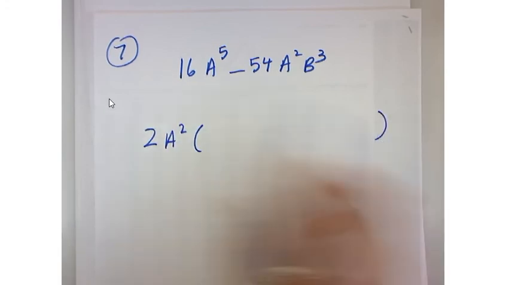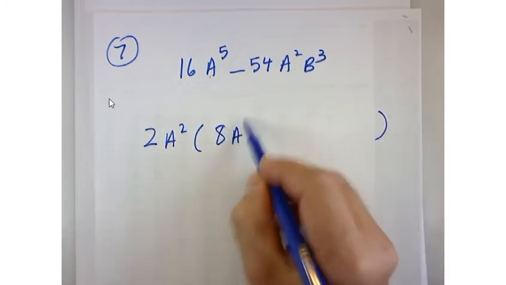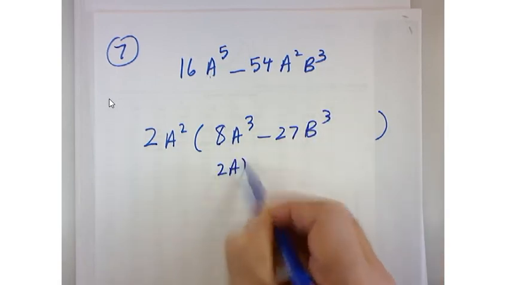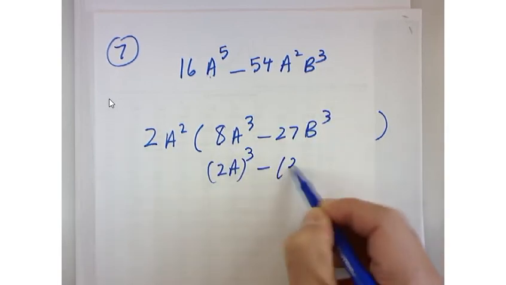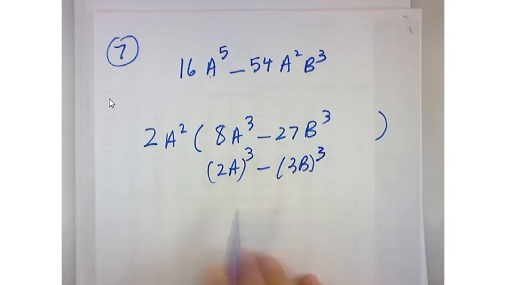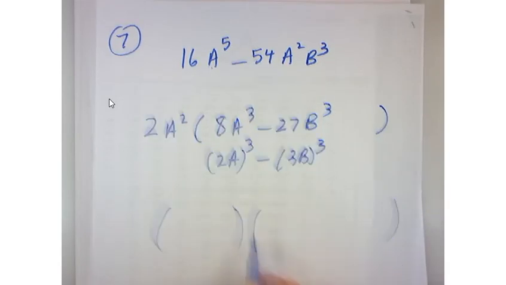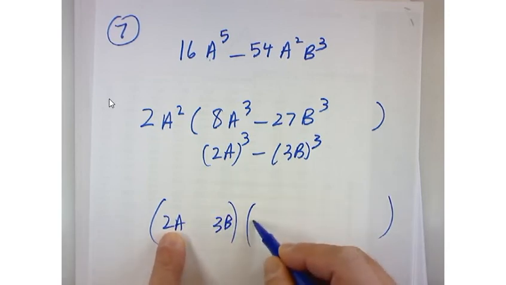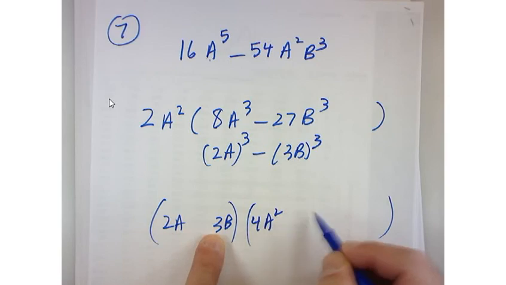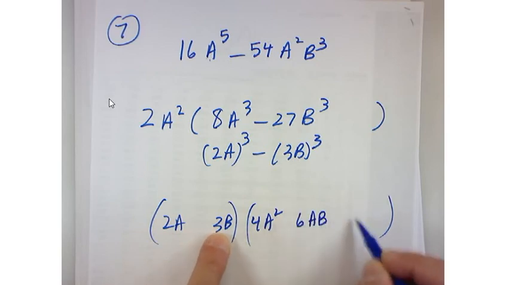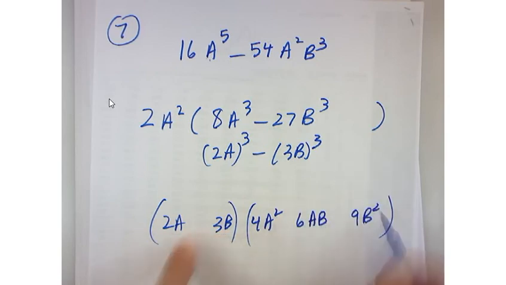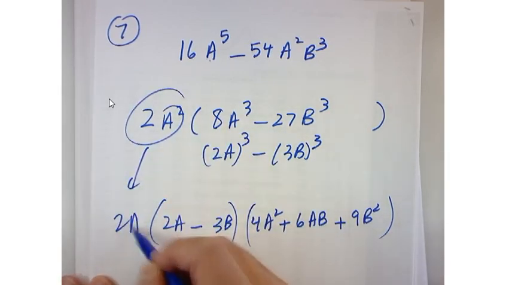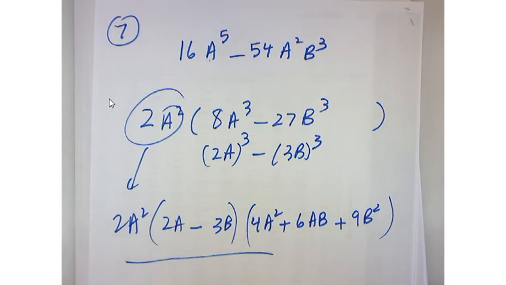And if you pull that out, it's going to be 8a cubed minus 27b cubed. 8 is 2 cubed, and 27 is 3 cubed. So we write it in that format. And then binomial times trinomial, 2a and 3b is what I see. Square everything in there, 4a squared, multiply, 6ab, square everything in there, and then same, opposite, always plus, and this guy has to be brought down. And this ends 6.5.